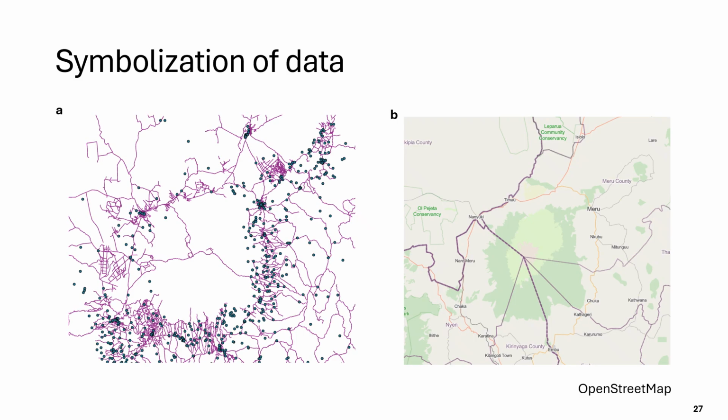Now we'll move on to symbolization of data. Data comes in points, lines, polygons, or as rasters. Without symbolization, data is just that. By symbolizing, we can then add context and understanding to what is in that data and what that data represents.